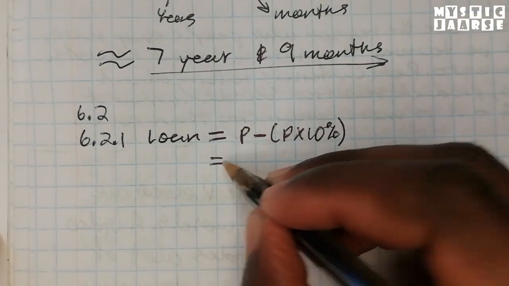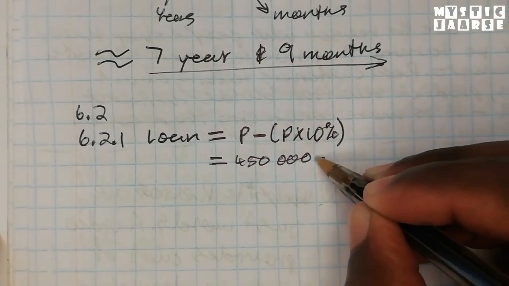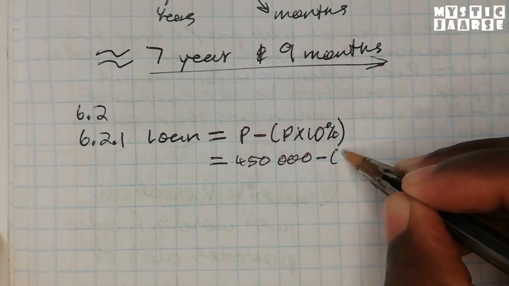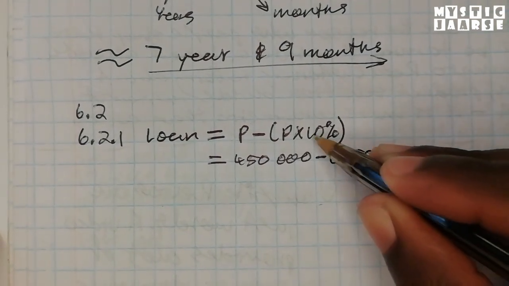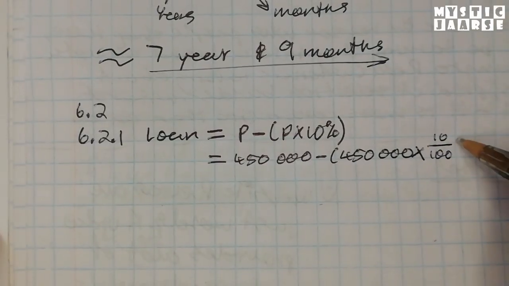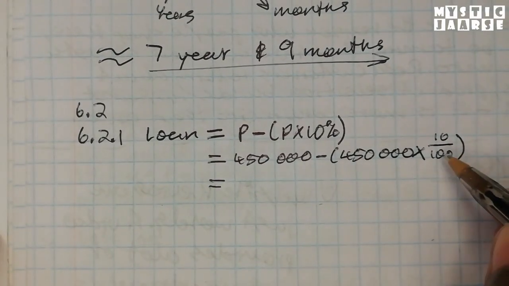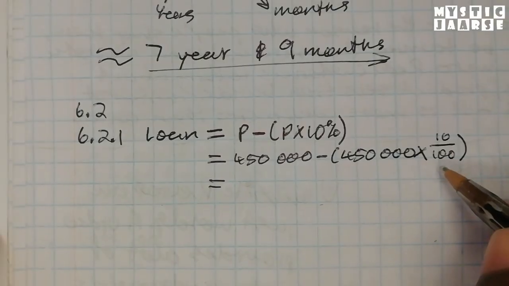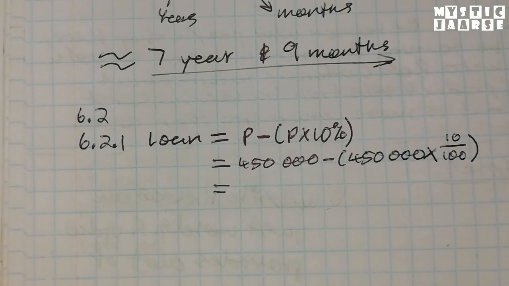So the principal amount is 450,000 rand minus 10% of 450,000. We say 10 divided by 100, which is equal to 0.1. We can either write 10 divided by 100 or 0.1. It's still mathematically the same.